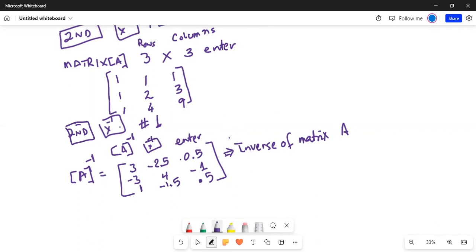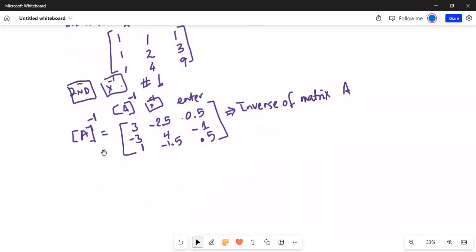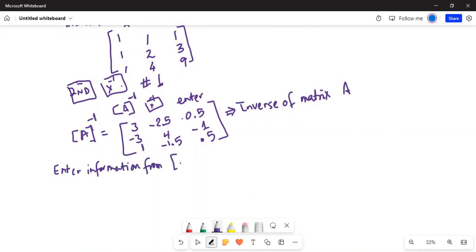Let me create some space here and enter the information from matrix A inverse in B in your calculator, the TI-84.